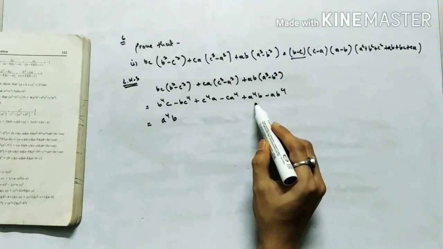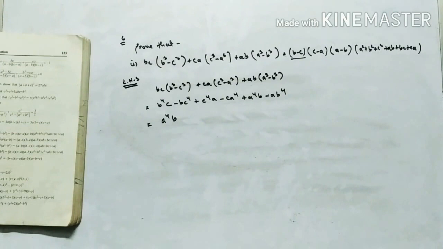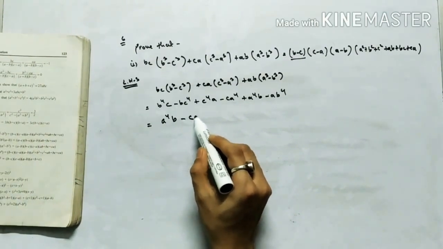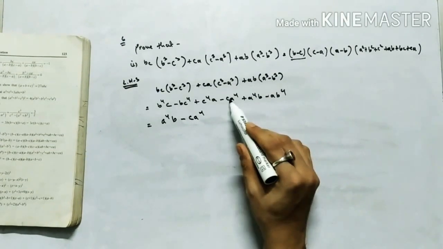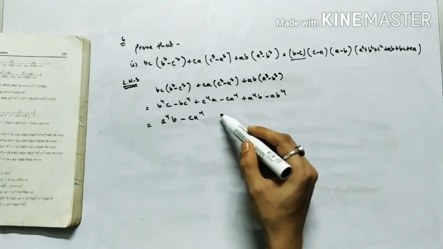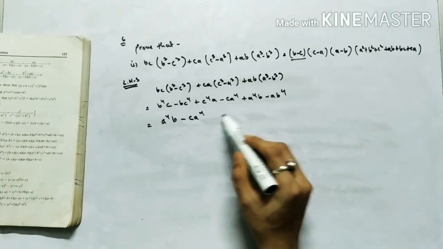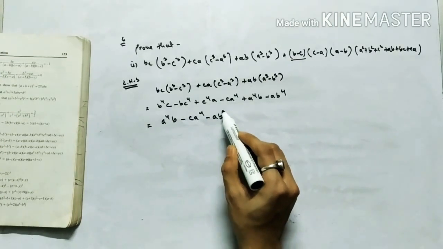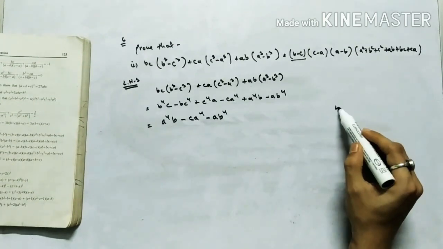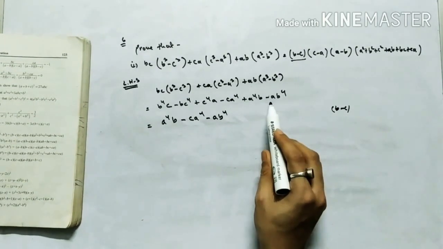A4B, okay, A4B, then minus CA4 I will do. A4B minus CA4 I will do. Okay, then minus AB4. Always remember B minus C. Okay, B minus C I am taking common.